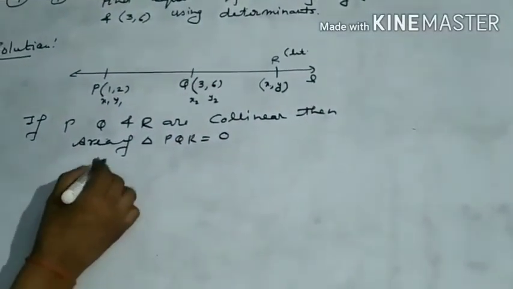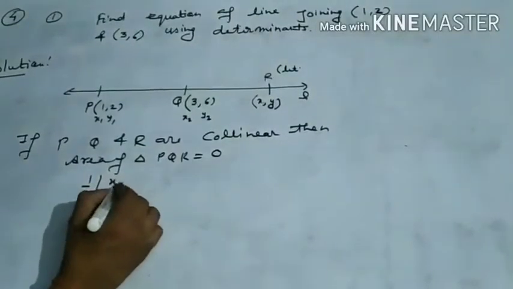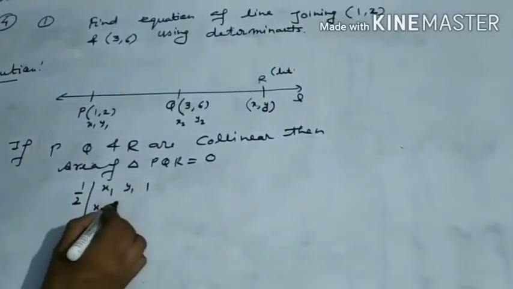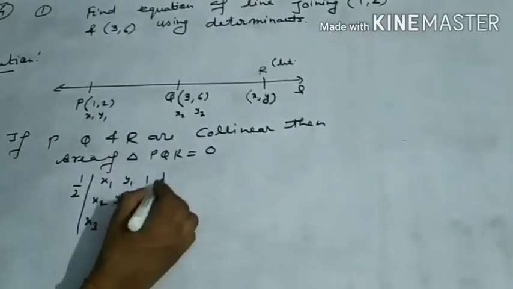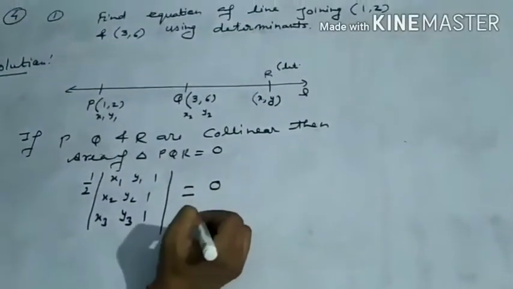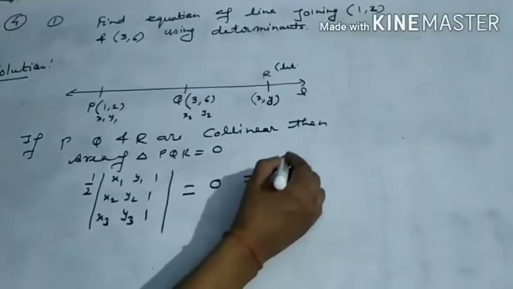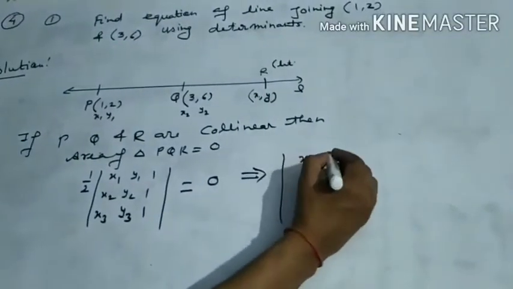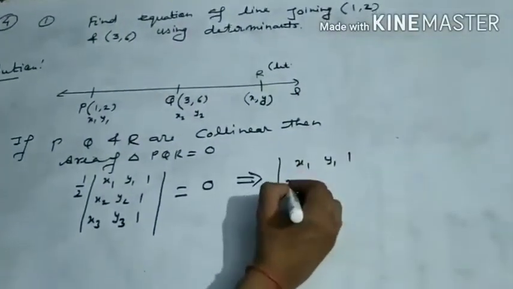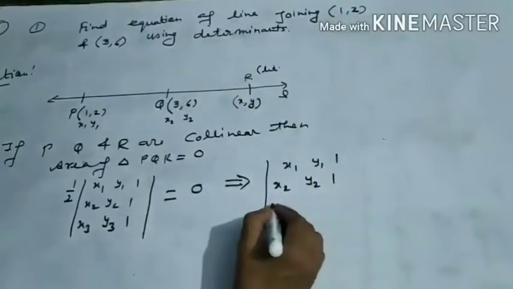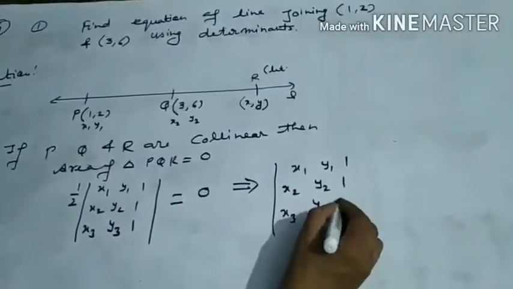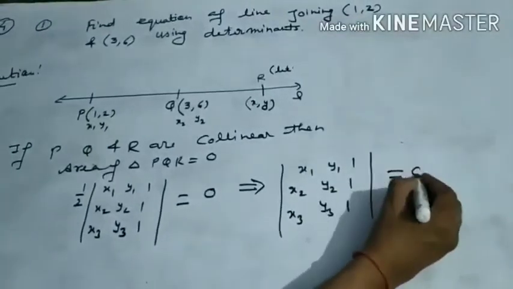Or 1 by 2 times the determinant x1 y1 1, x2 y2 1, x3 y3 1 is equal to 0. Or this implies that the determinant x1 y1 1, x2 y2 1, and x3 y3 1 should be 0.